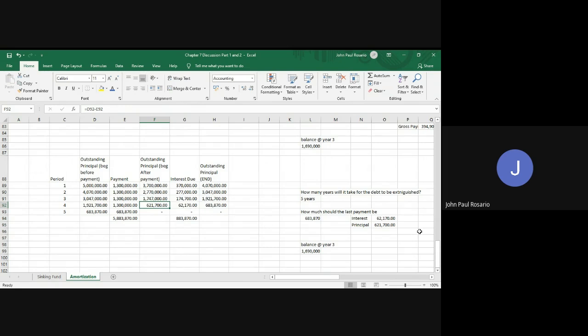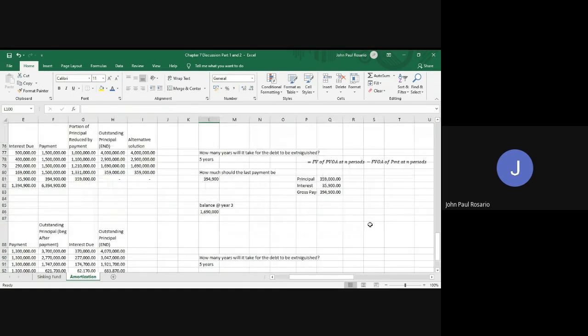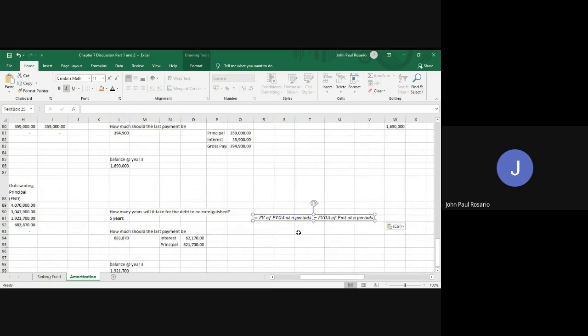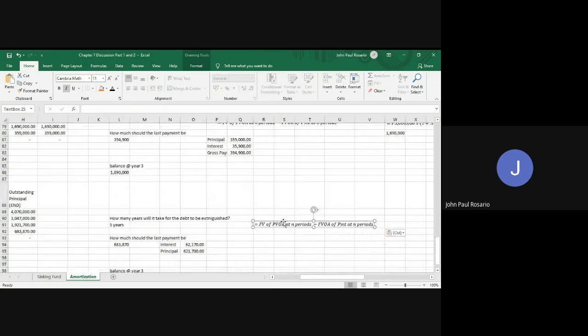Now, let's see if we can make use of this formula. Balance at year 3. I'm not sure what we will get, but let's try. Okay, so let's make use of this formula, but instead of the future value or compound amount of the unpaid due at n periods, we use the future value of the annuity due of payment at n periods.